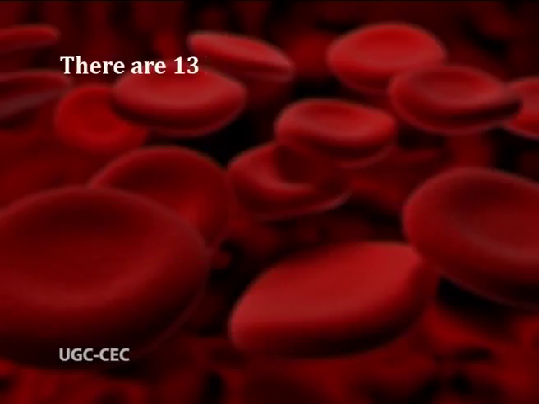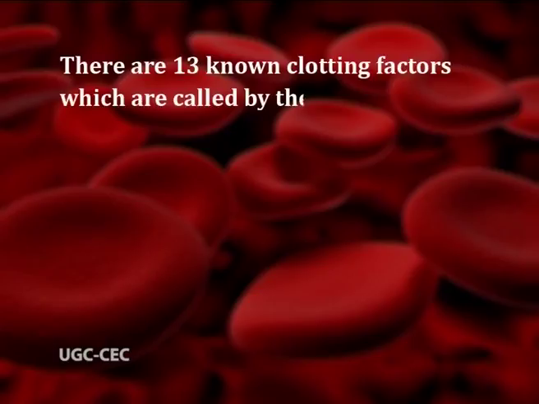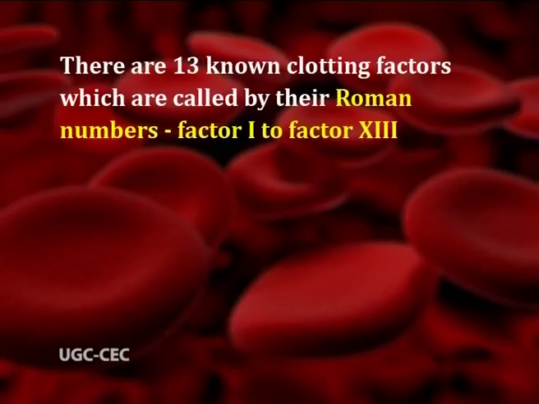There are 13 known clotting factors, which are called by their Roman numerals, that is factor 1 to factor 13. A complex cascade of chemical reactions involving these clotting factors quickly occurs next to a cut.